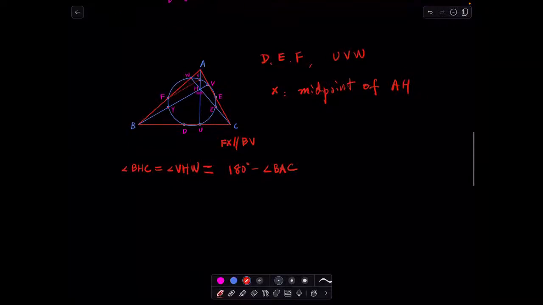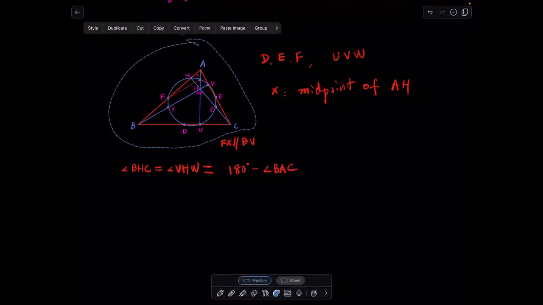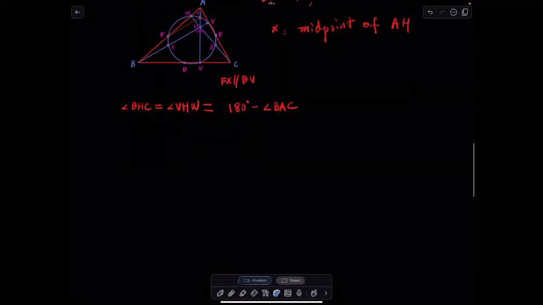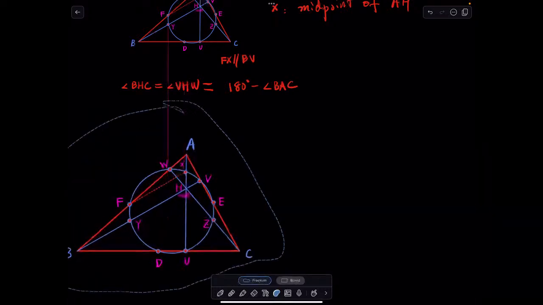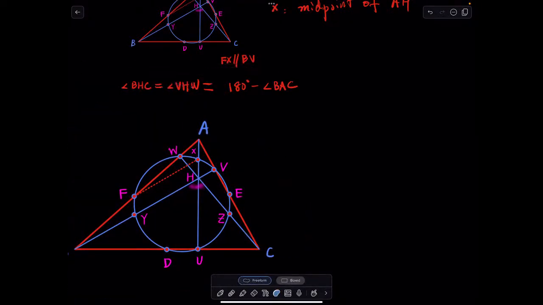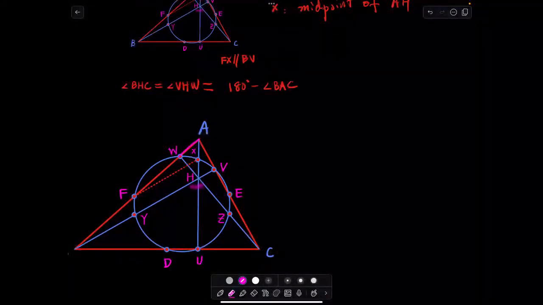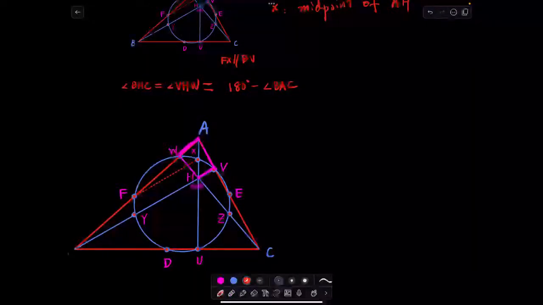Okay, let's draw another diagram here. Let me explain why that is the case. I'm going to make it bigger. Let's look at these 4 points here, A, W, V, and H. Here this is an altitude line, which means this is 90 degrees, and this is also 90 degrees.